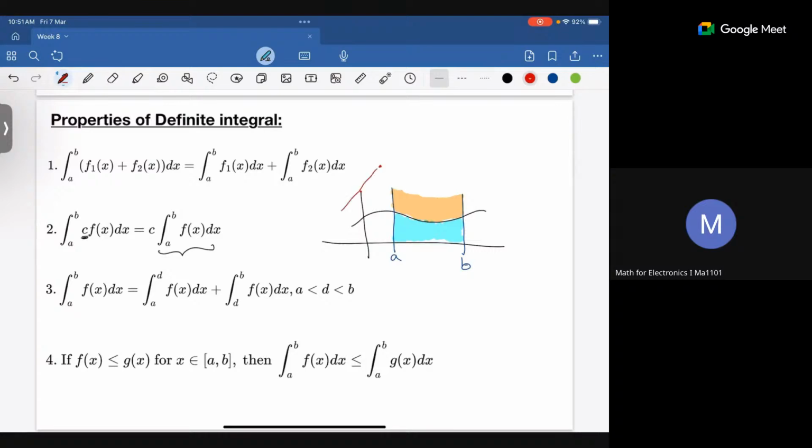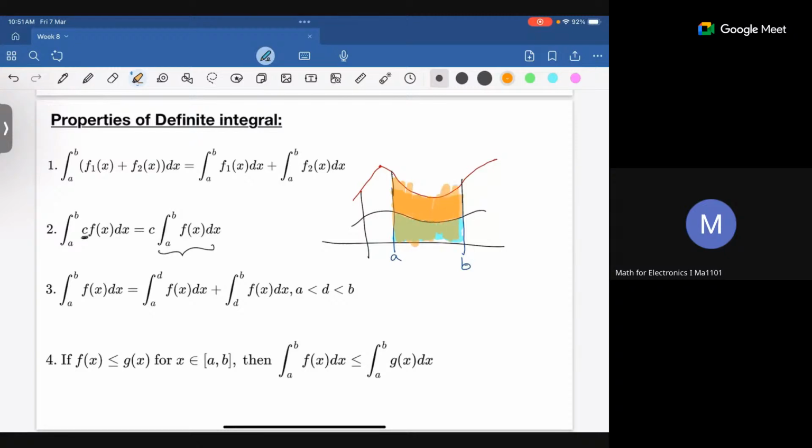So it will have more waviness. It will not have the same kind of waviness, but it will have more waviness. And what does this integral say? You compute this blue area, and twice it is the same as computing the whole region.